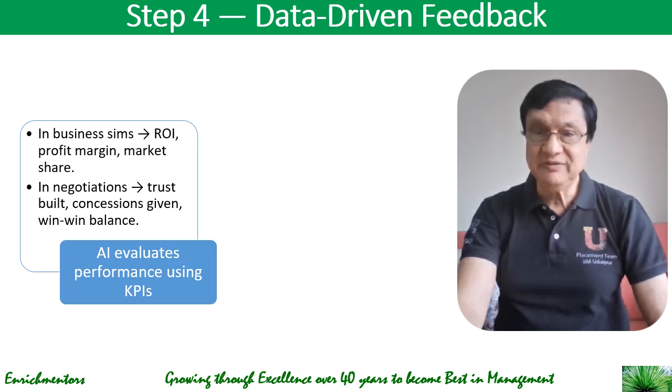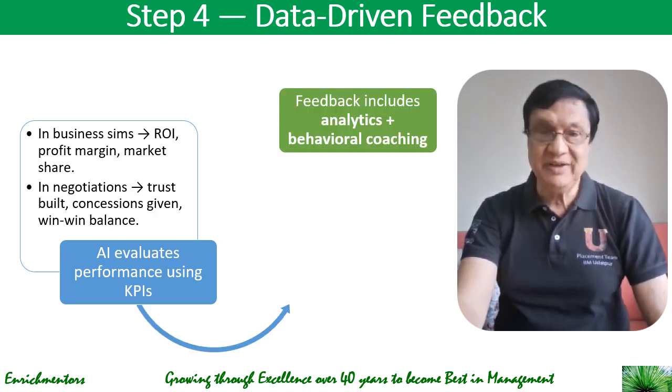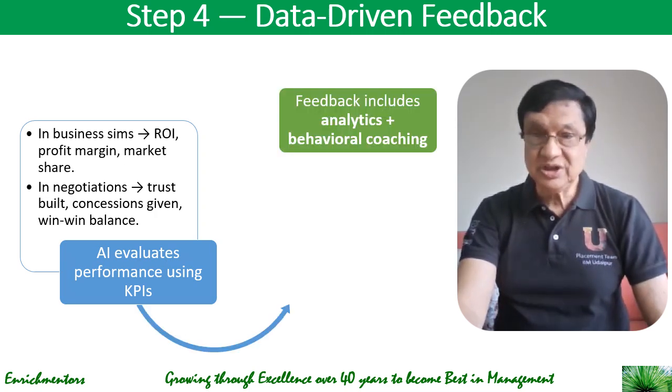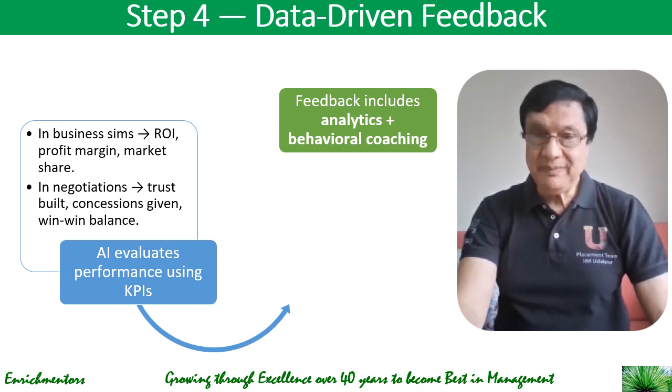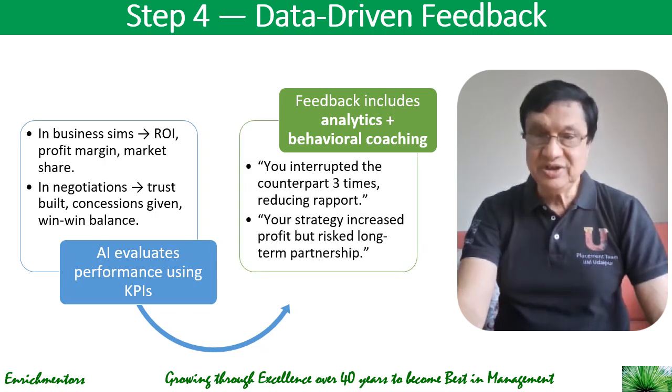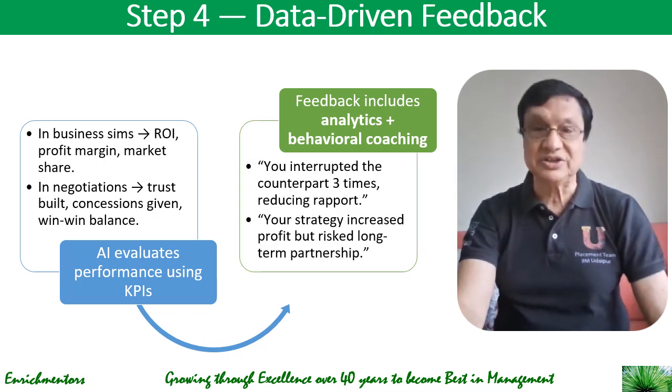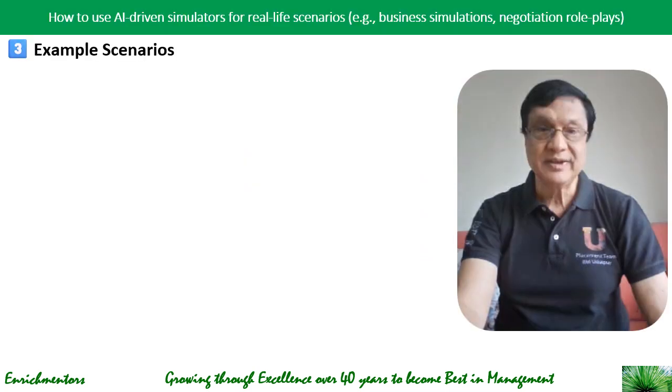Then it gives feedback, including analytics and behavior coaching. For example, it could say, you interrupted the counterpart 3 times, reducing rapport. Your strategy increased profit but risked long-term partnership. So like this, you get data-driven feedback from the AI.